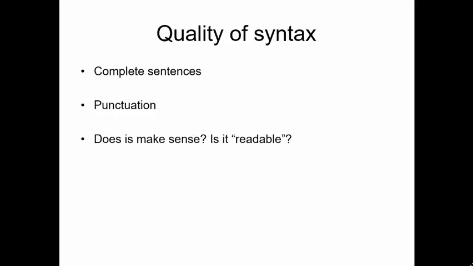It's hard to actually define what readable means, but I know it as soon as I start reading it. I've had papers where it's taken me a long time to get through a sentence because I have to read the sentence several times just to figure out what it is saying. So make sure that it makes sense. It's complete. It has the proper punctuation that provides that flow to your narrative. You can sense that as you're proofreading. Does it have that flow that makes it more readable?